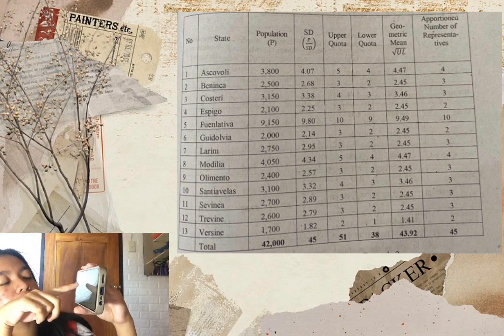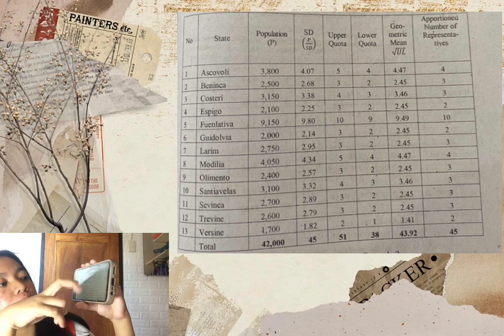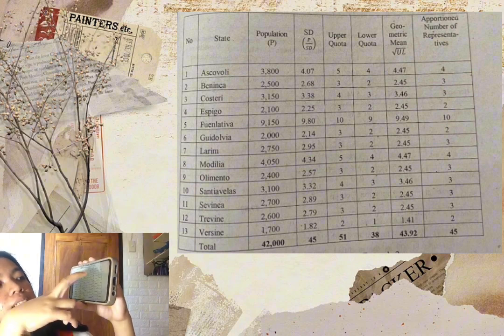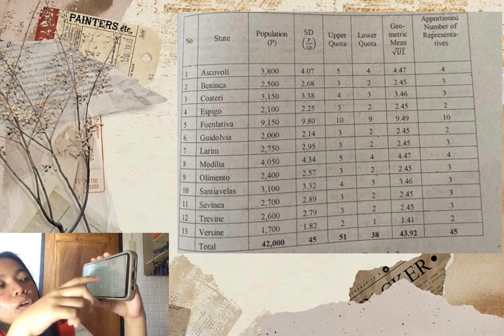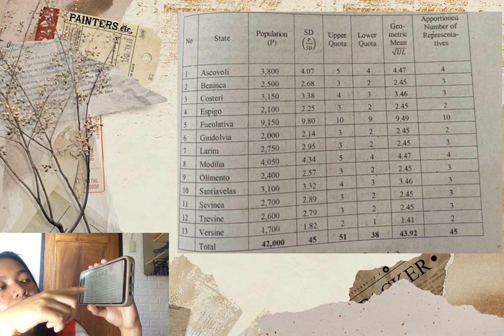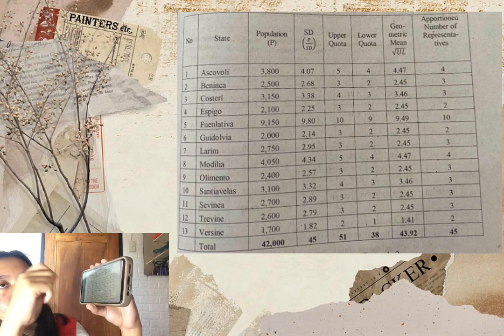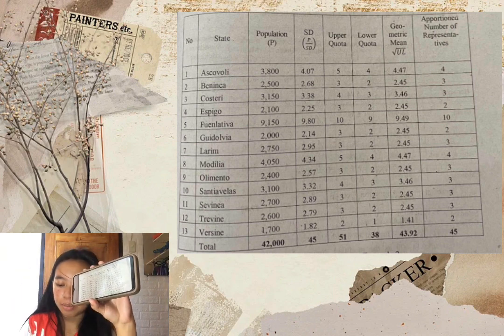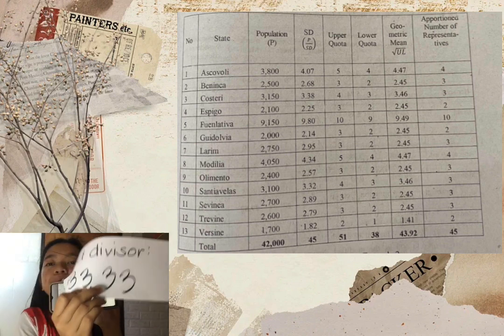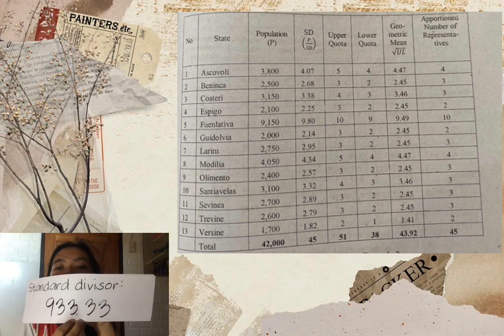So, example here is Ascoboli. The population is 3,800. Para makuha yung quota niya, you need to divide the population by the standard divisor, which is given na, which is ito, 933.33.